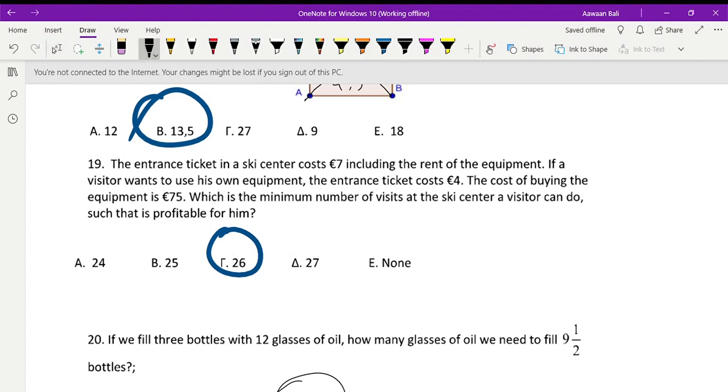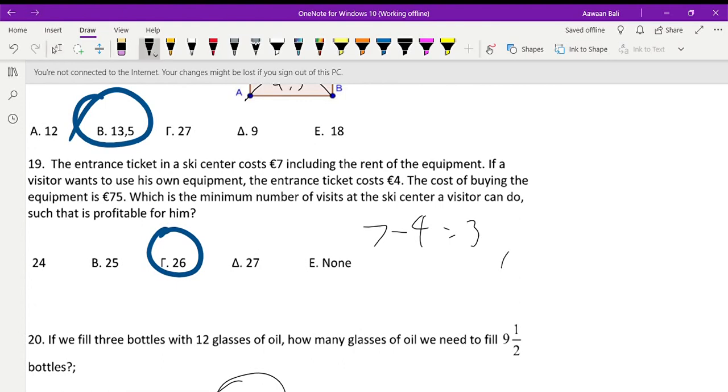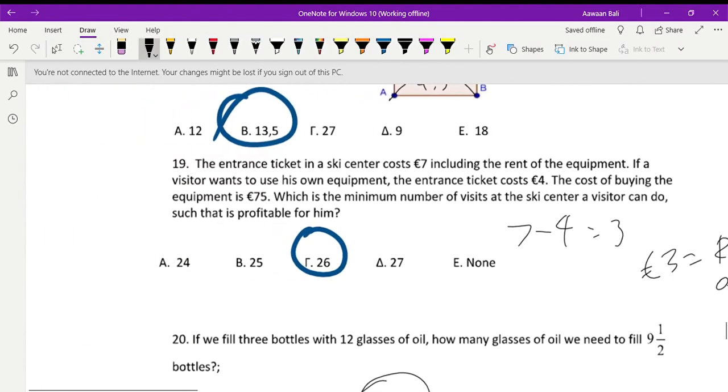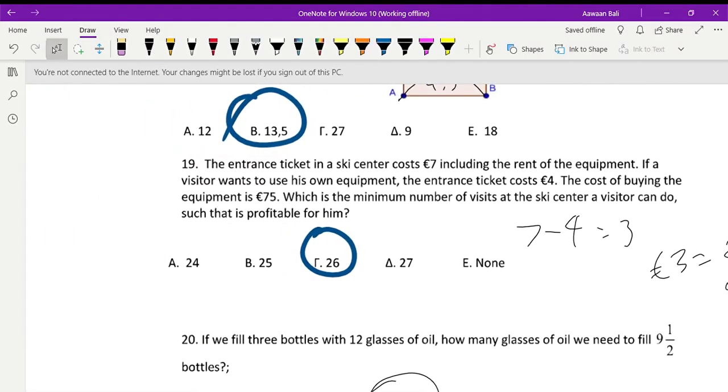The entrance ticket in the ski center costs €7, including the rent of the equipment. But the entrance ticket itself costs €4 if you have your own equipment, which means 7 minus 4, 3. The rent of the equipment is €3. Now, basically, it says the cost of buying the equipment is €75.